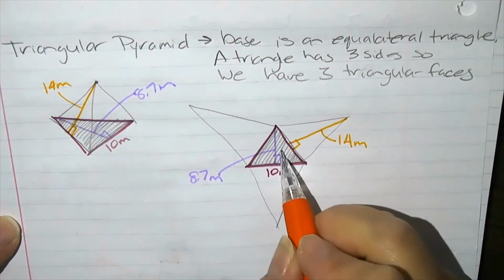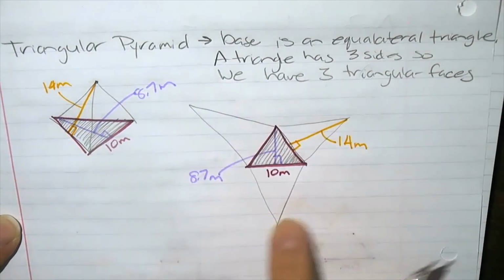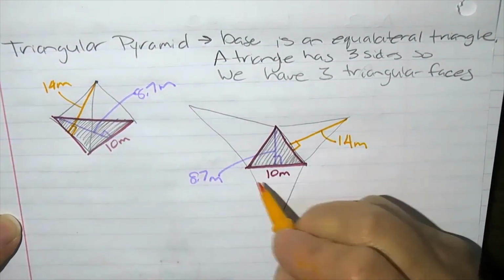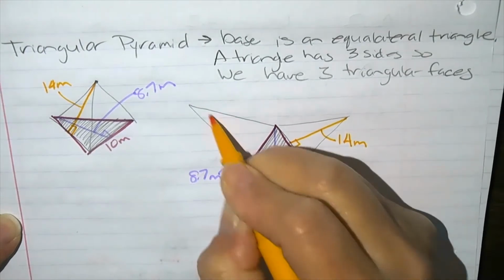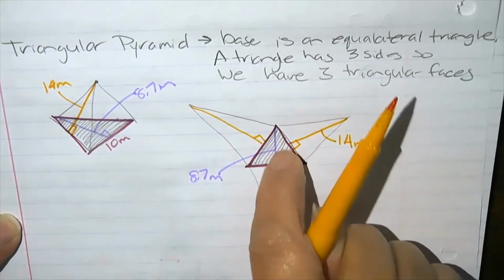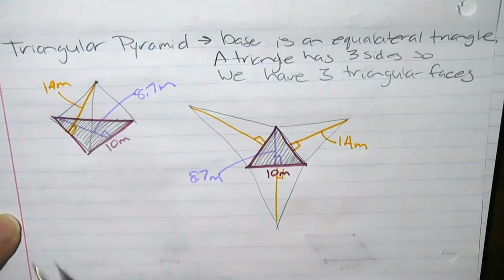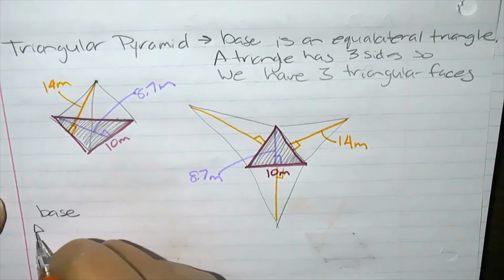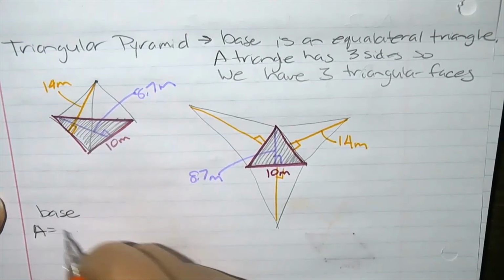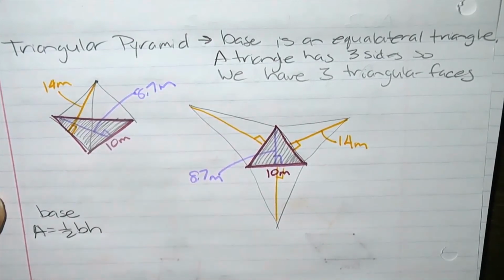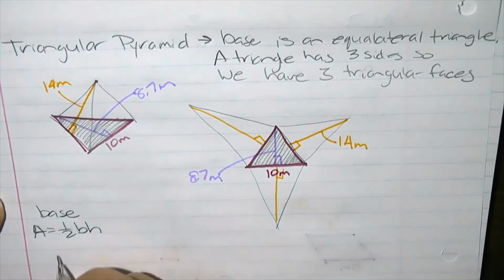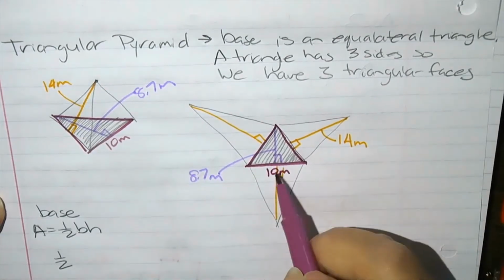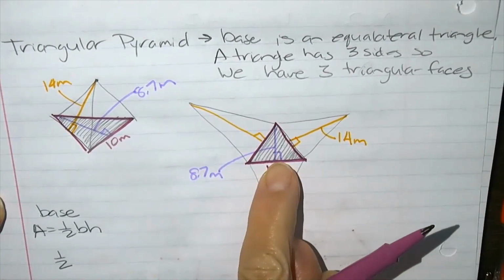So we're gonna do the base first. This is now a composite figure, and it's made up of three congruent faces and one base. So my base is a triangle. The area of a triangle is 1/2 the base times the height. So 1/2 my base, remember your base and height meet at a 90-degree angle.